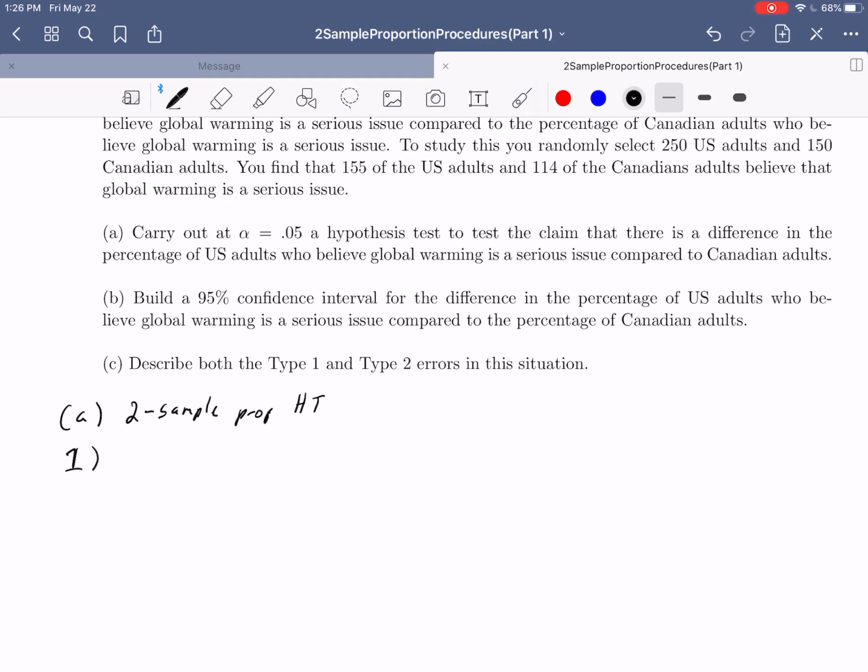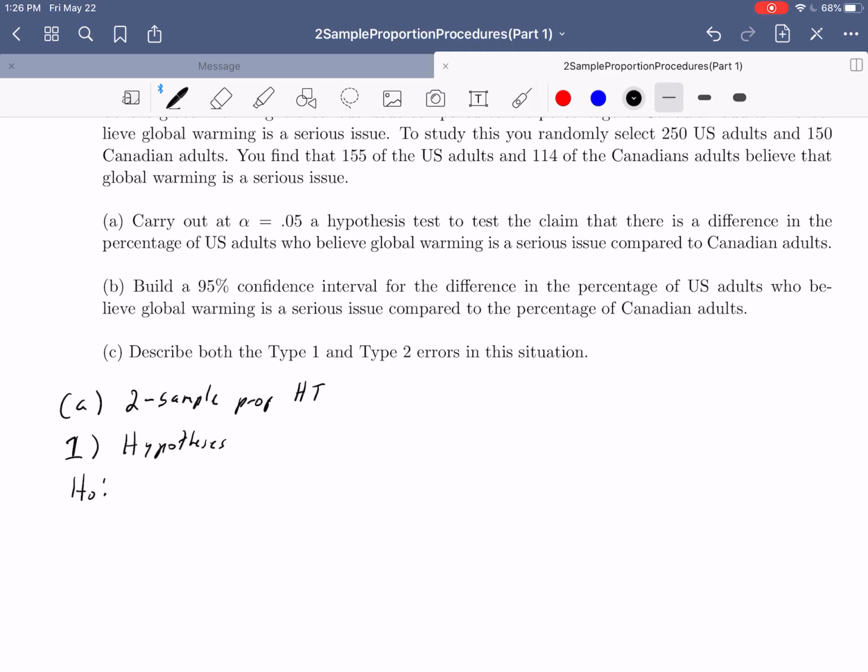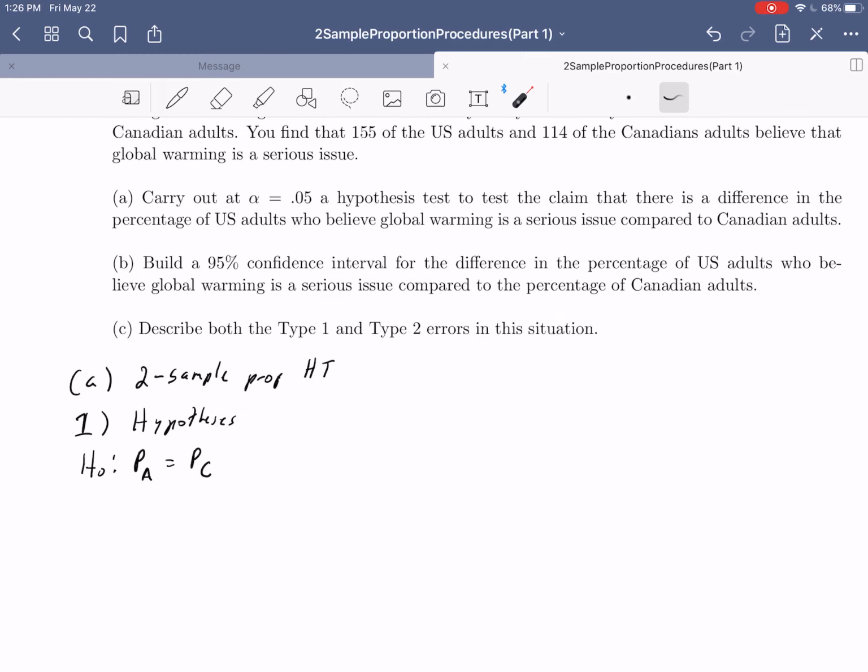So let's go ahead and look at our hypotheses here. We know that the null hypothesis is that the percentages, or the proportions, are going to be equal. We can say P1 and P2, but it might be easier to use subscripts: P sub A for America equals P sub C. So the percentage of people in America that believe global warming is a serious issue is equal to the percentage of Canadians who believe that as well.